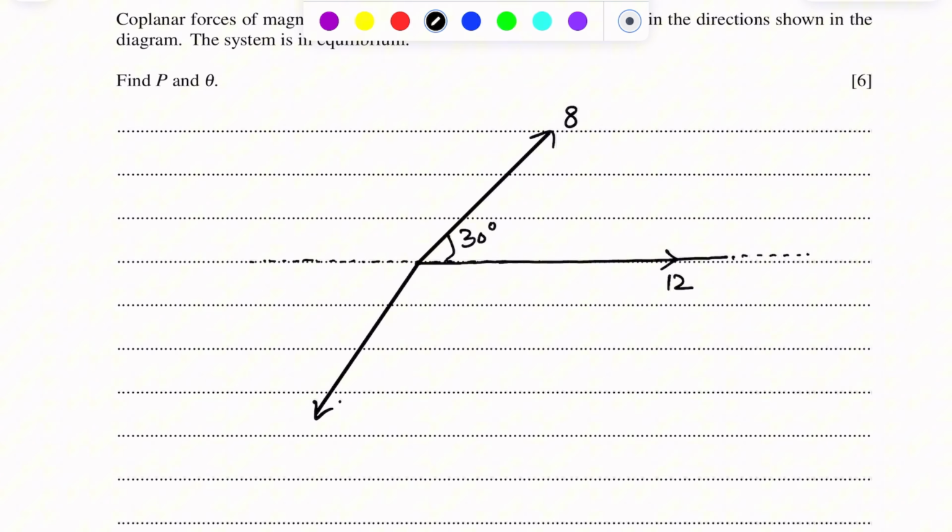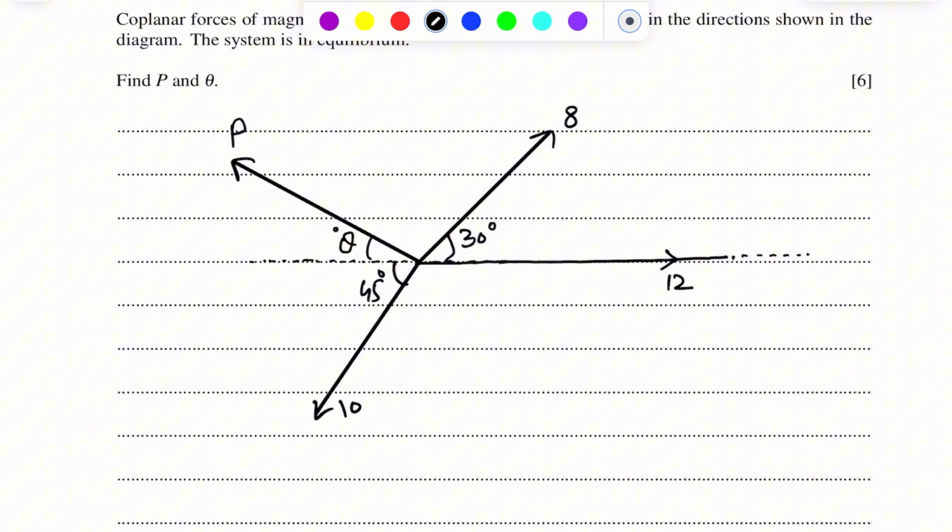This force is 10 Newton. This force is P Newton and making an angle theta degree. This angle is 45 degree.